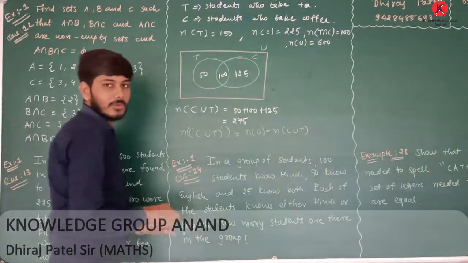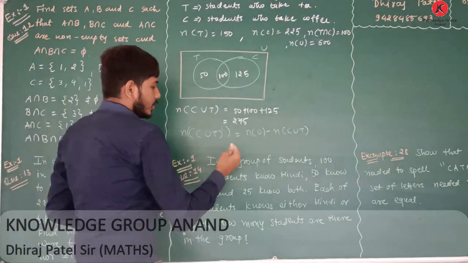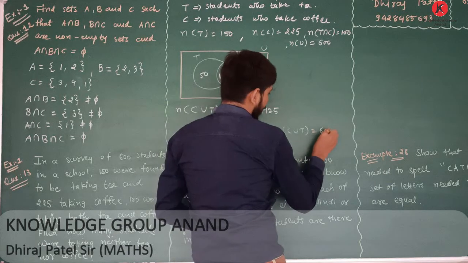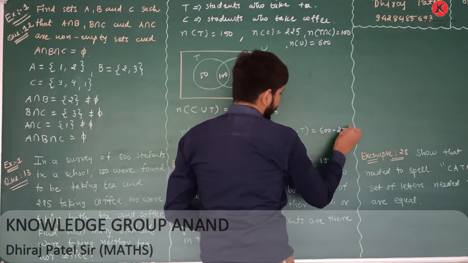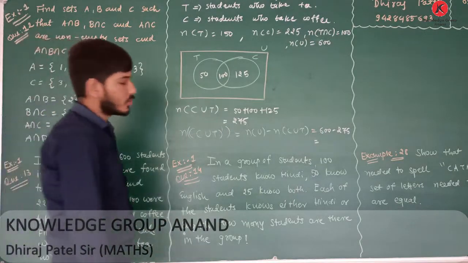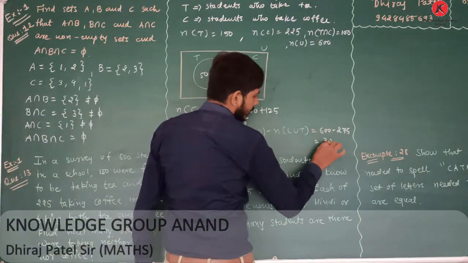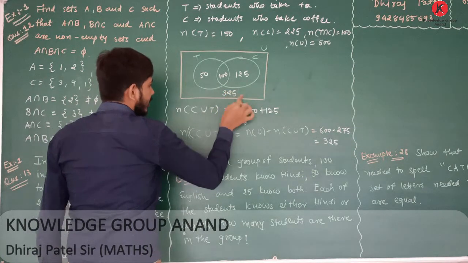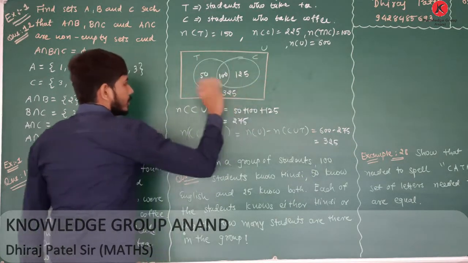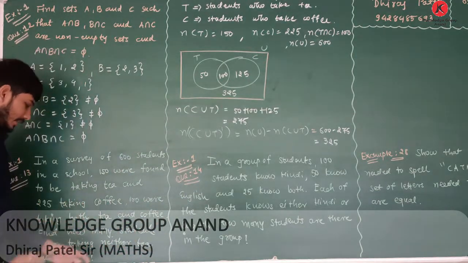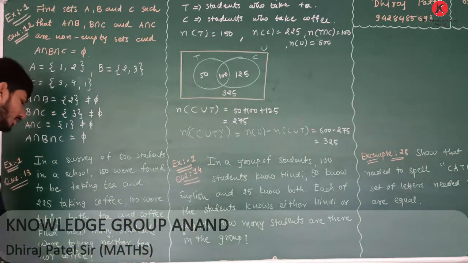So number of U minus number of C union T, which is equals to 600 minus 275, which is equals to 325. Clear? Now we can say that 325 in this portion. What does it mean? 325 students neither taking tea nor coffee.